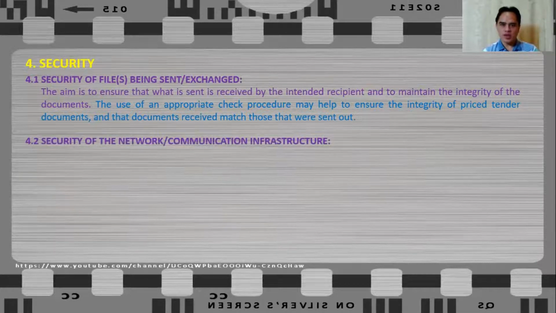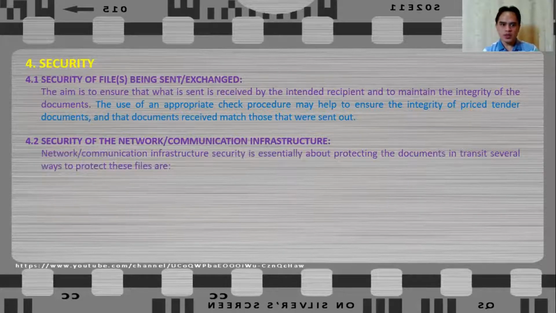The second consideration is the security of network or communication infrastructure. Network communication infrastructure security is essentially about protecting the document in transit. Several ways to protect these files are through file encryption.